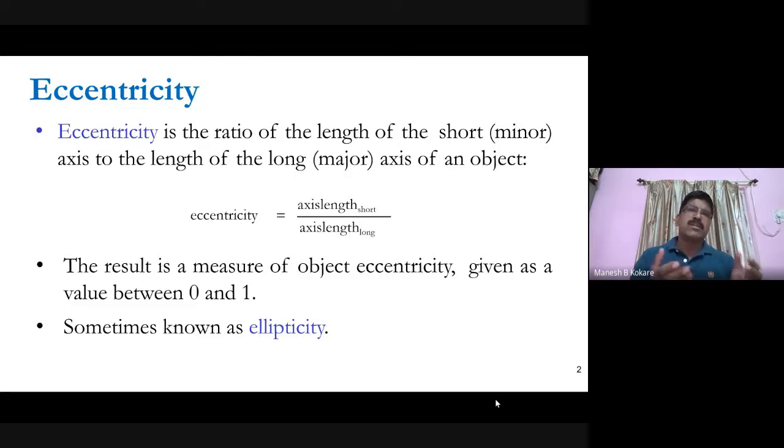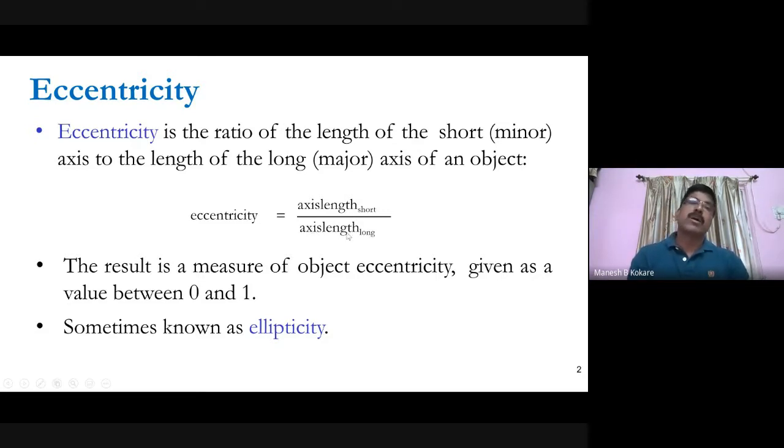Eccentricity is the ratio of the length of the short axis to the length of the long axis of the object, that is, the ratio of the minor axis to the major axis. If you are given a shape, you have to find out the minor axis as well as the major axis. So the numerator will be smaller and the denominator will be larger.